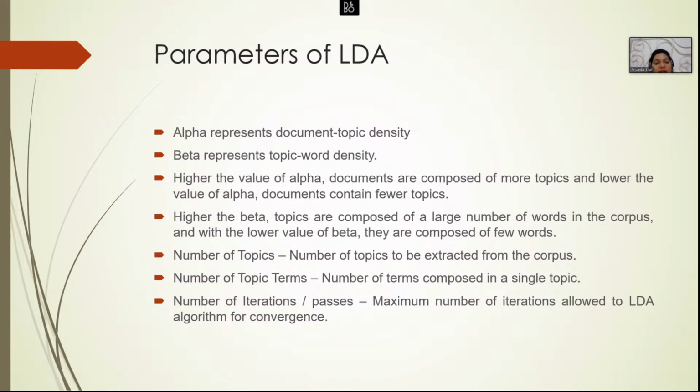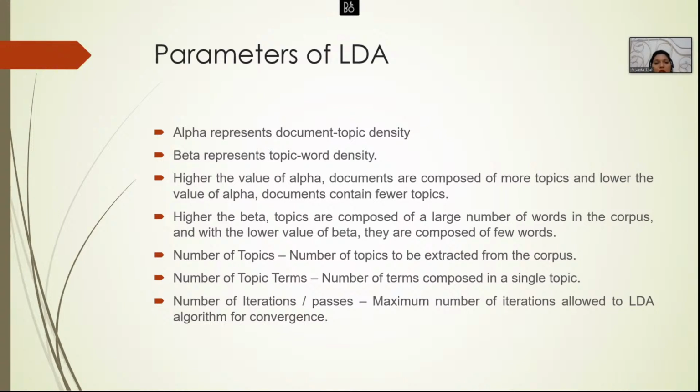So there may be keywords which occur inside most of the topics. For example, the word product. Product could be a part of a number of topics ranging from finance or energy or real estate or chemical industry. Okay, and higher the value of beta means there are many words that describe the topic.